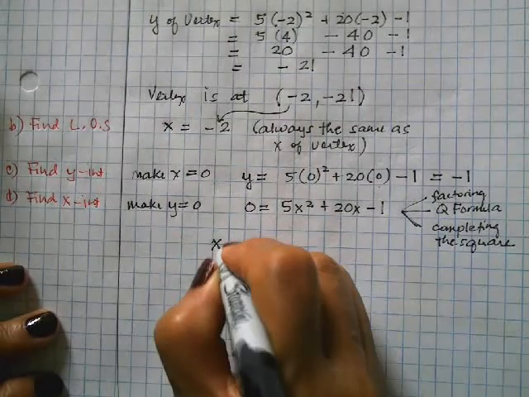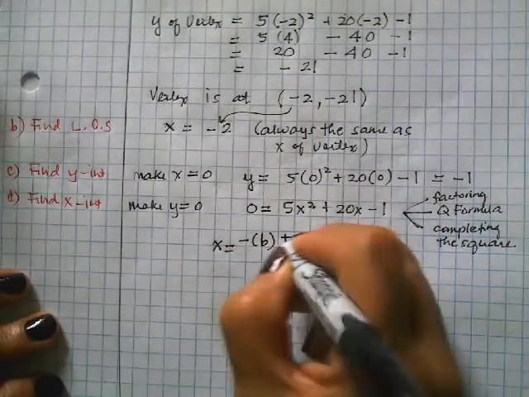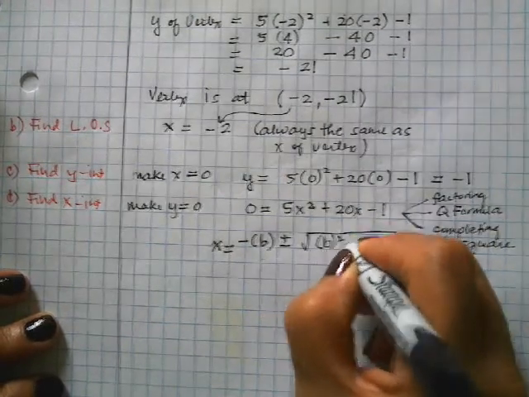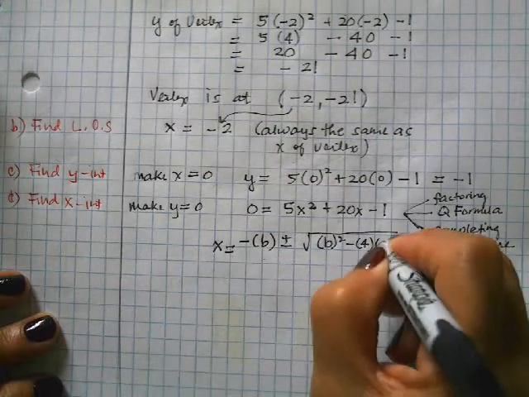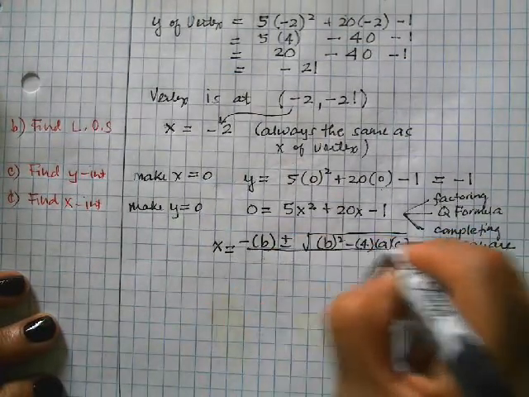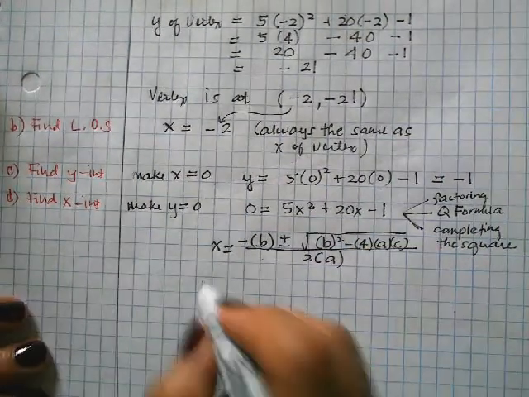So we say x equals -b plus and minus the square root of b squared minus 4 times a times c, all over 2a. By now you should have memorized the quadratic formula.